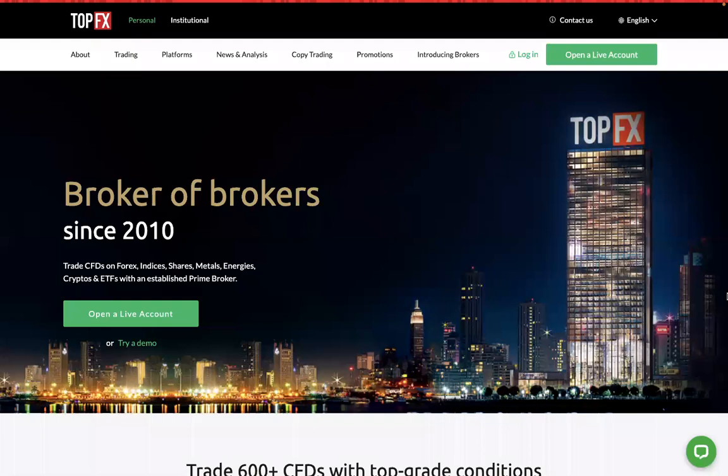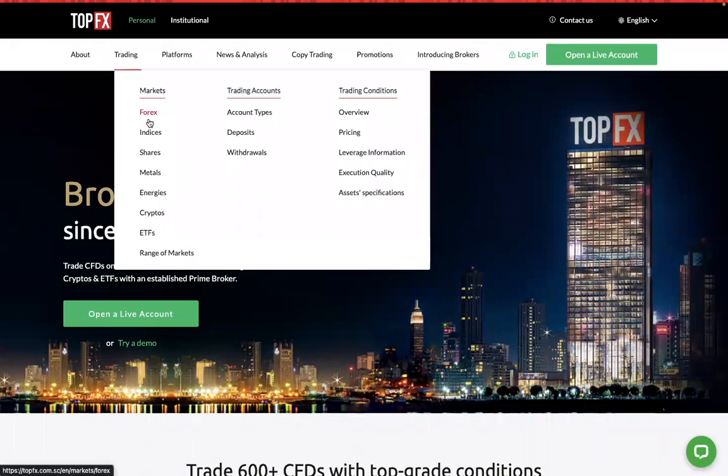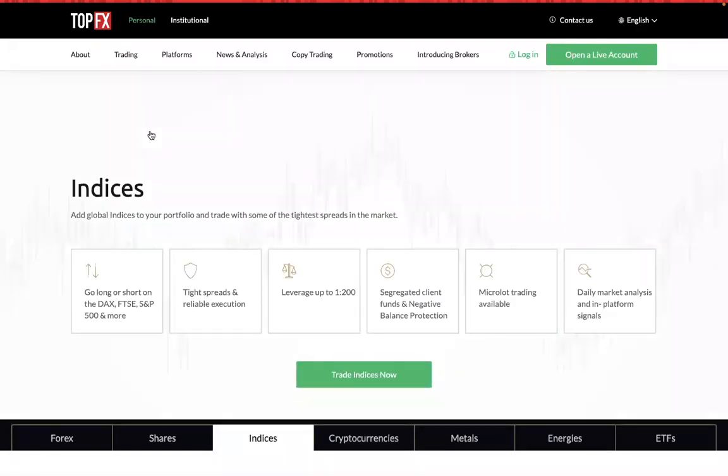If you want to take a look at the trading conditions for the indices, go to trading, then markets, and in the markets menu you have indices. If you click here, you can see that you can add the global indices to your portfolio and trade with tighter spreads.